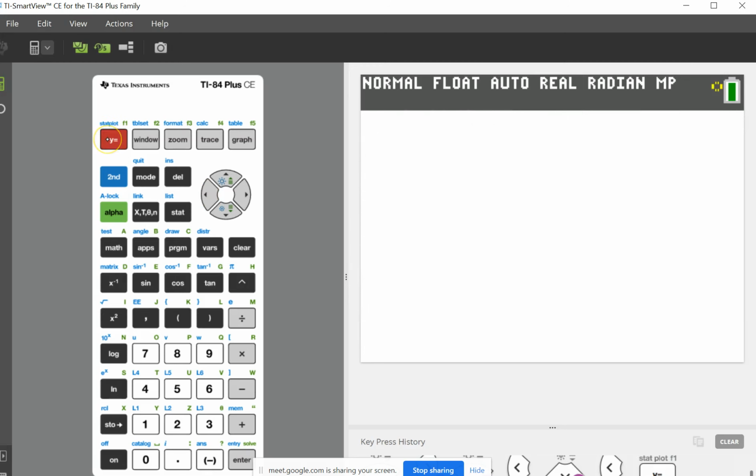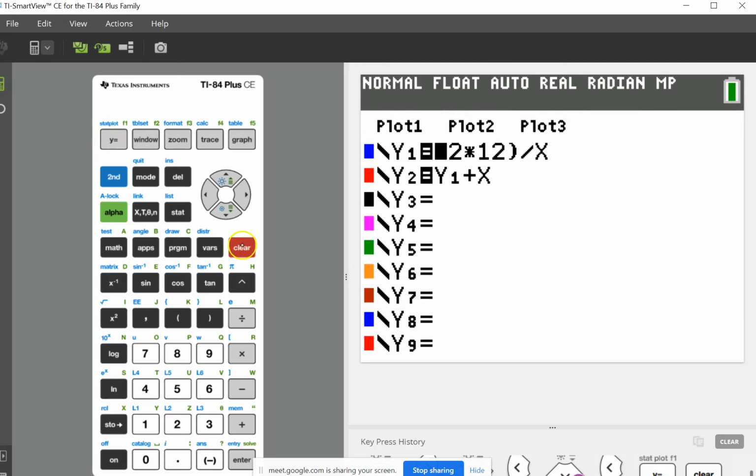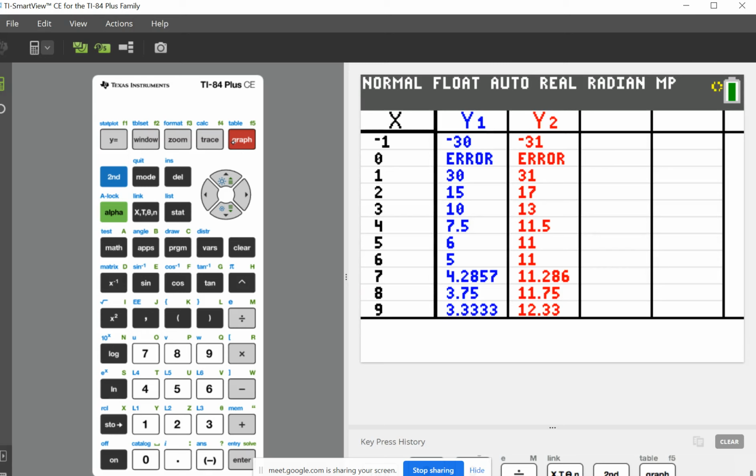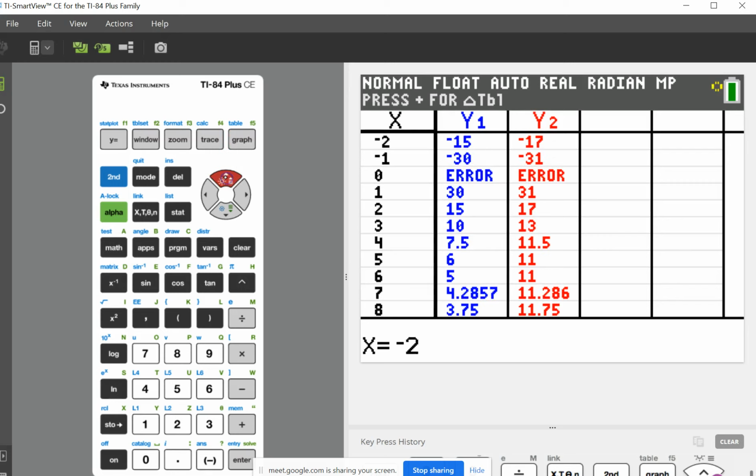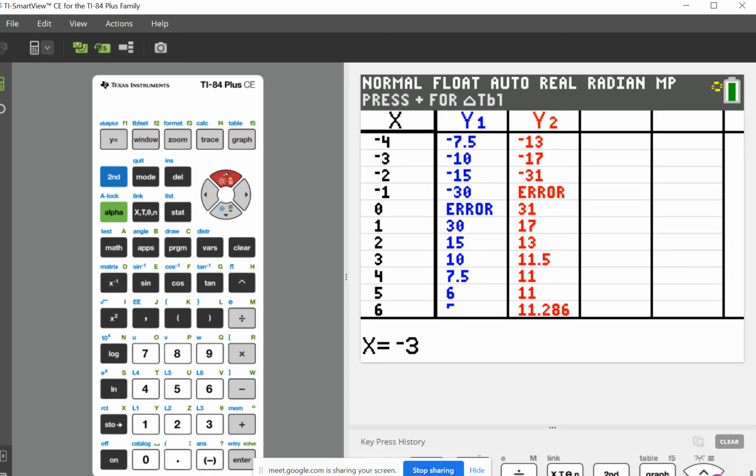So let's come here, clear, 30 divided by x, second table. My middle number is a negative 13. I see a positive, but what I need to do is see negatives are here, I need to keep scrolling up. So I'm going to keep scrolling up until I see a negative 13. Okay, now I see a negative 13.